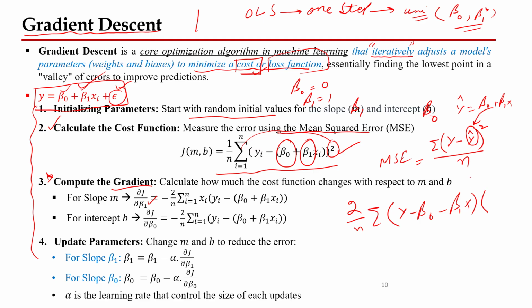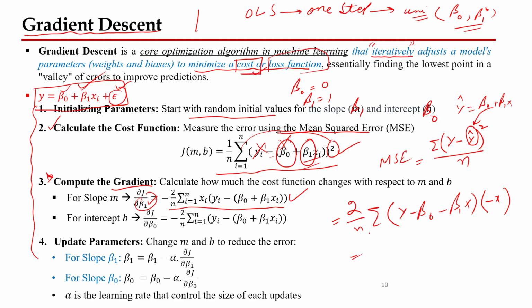Because we are taking the derivative with respect to beta 1, this term is 0, this term is 0, and multiplying by the minus inside, we get minus x. So this is what we received while differentiating with respect to beta 1. This is the gradient with respect to beta 1.